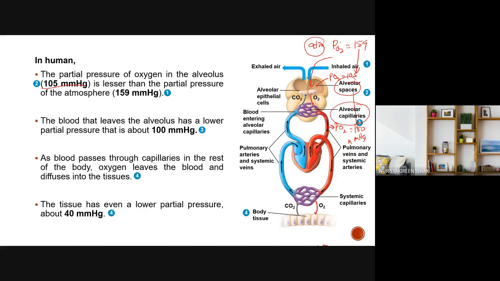Okay, in the blood vessels is 100. So when the blood reaches body tissues, kan? The body tissue has even lower partial pressure of oxygen, which is around 40. Okay, so nampak tak diffusion dia? So daripada 100 pergi ke 40. Kan? So obviously oxygen will enter into your body cells, okay, to be used for cellular respiration.